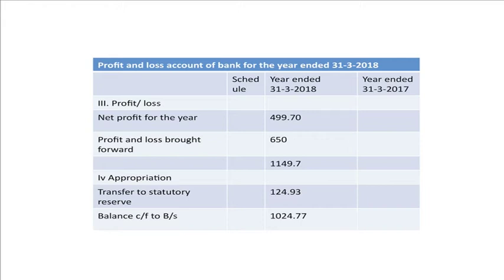So, 25% of 499.70 is being transferred over here, and the balance is carried forward to the balance sheet, that is 1024.77. This figure 1024.77 we have worked out. This figure will be placed in schedule 2 of the balance sheet.